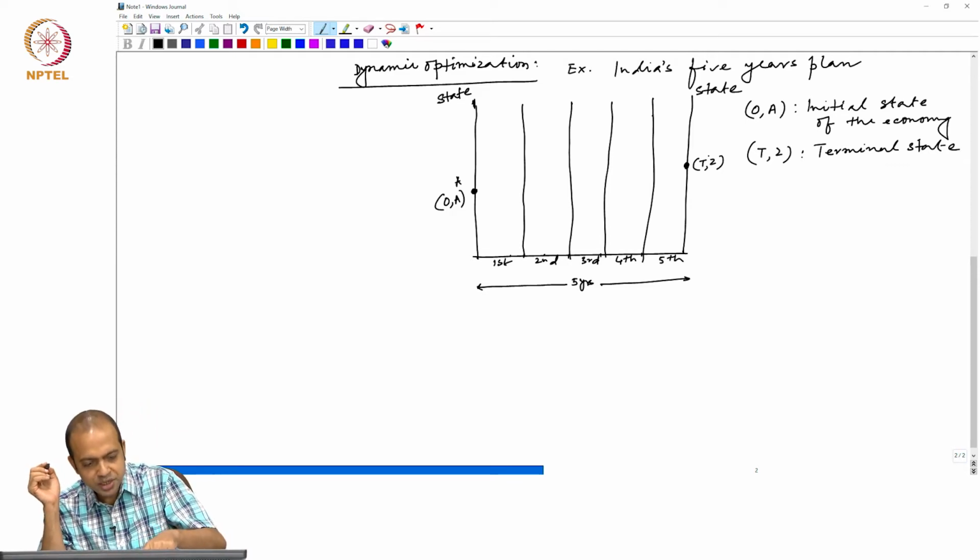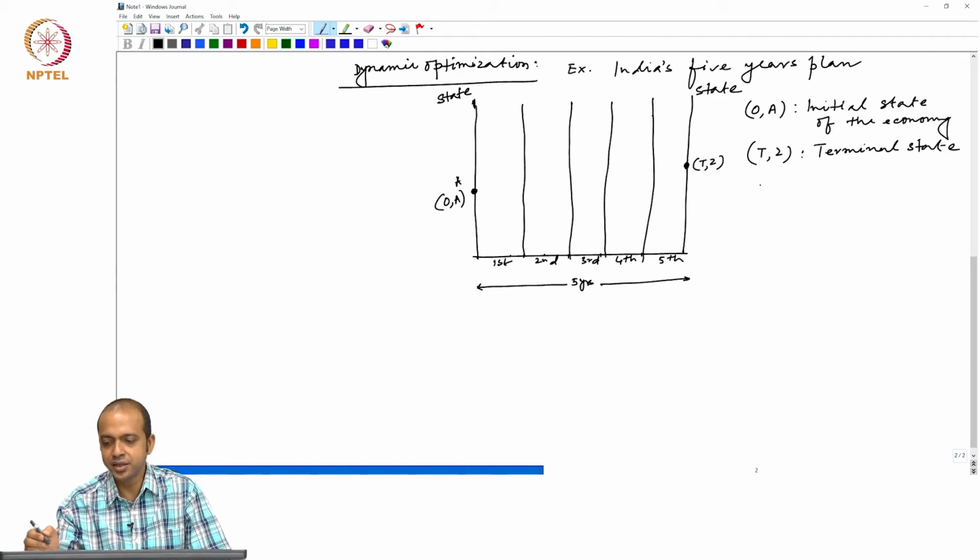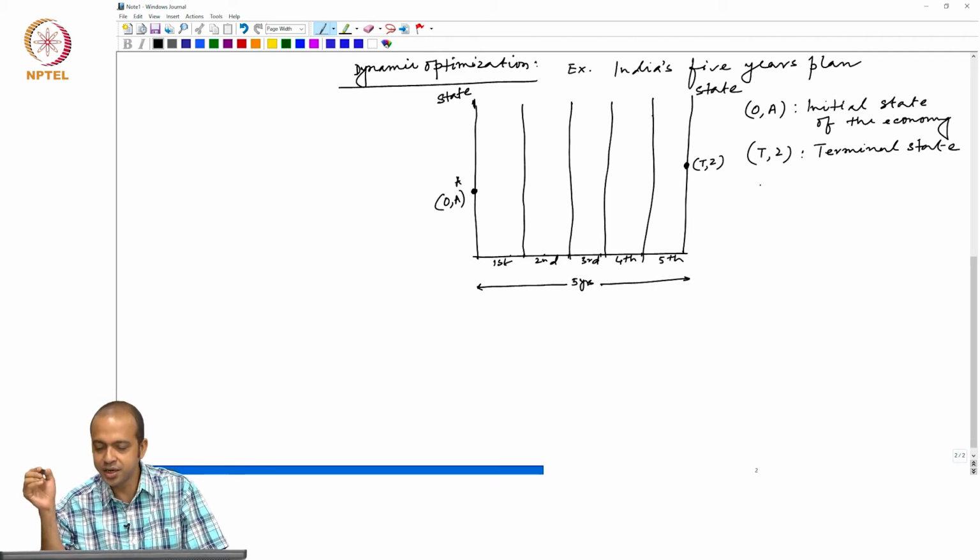So, the economy started with A amount of capital at the initial state, and then achieves Z amount of capital stock at the terminal state after the Tth period. So, 0A and TZ indicate the initial state and terminal state of the economy.